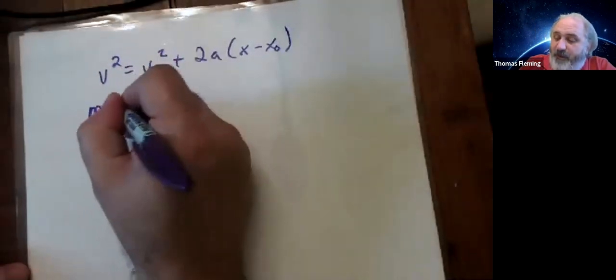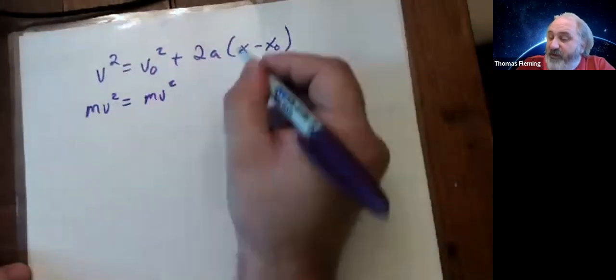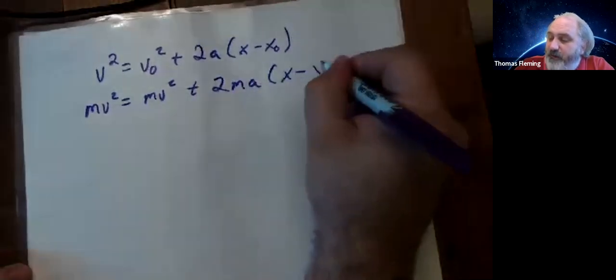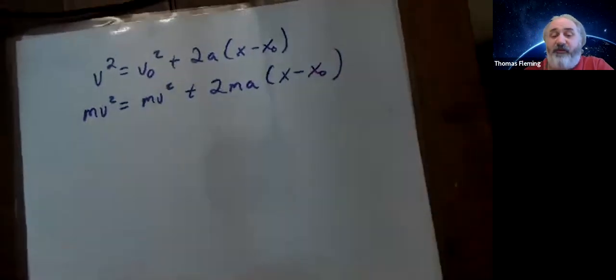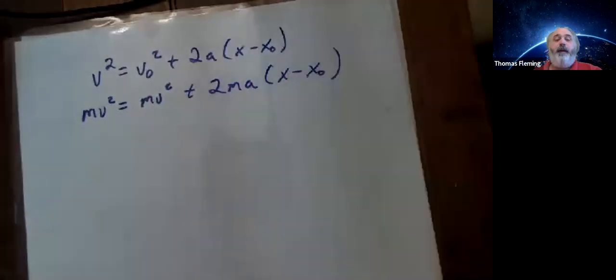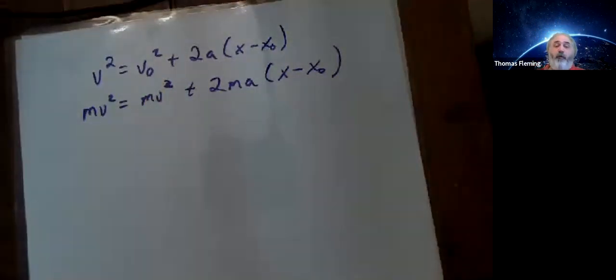I'm going to have this times m, this times m, and plus 2 times m times a times yada, yada, yada. I just multiplied everything by m, right? It's the same equation. If I wanted to, I could cancel all those m's out and go back to where I started. But this equation, as I've written it here, should still technically be true, because I just multiplied both sides of the equation by the same amount.